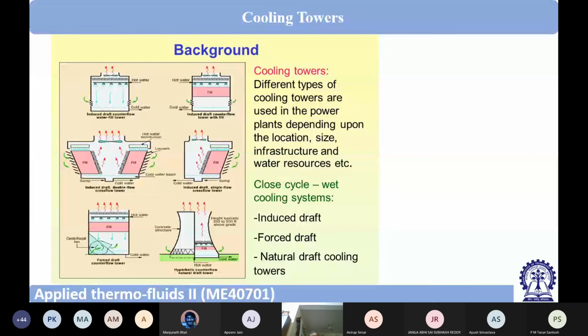Well, of course, this is not the best way to interact and to teach, but could you get at least some idea regarding the power plant, steam power plant? Could you get some idea? Yes.